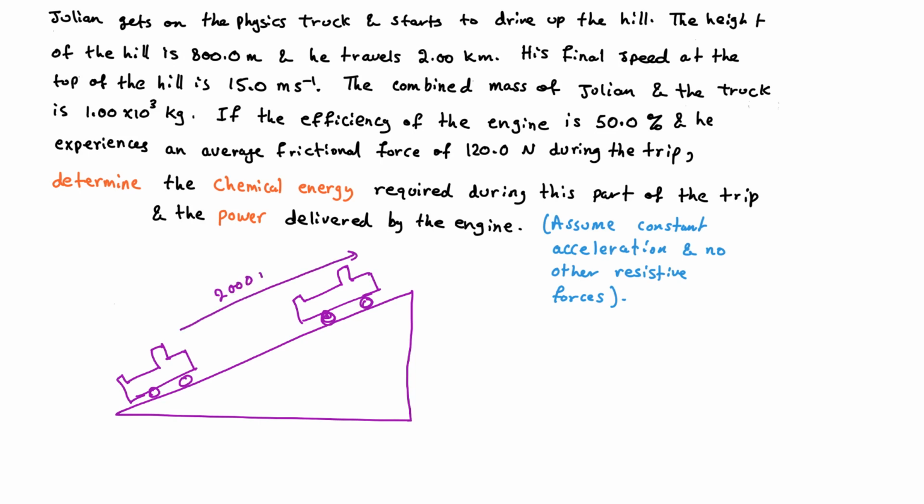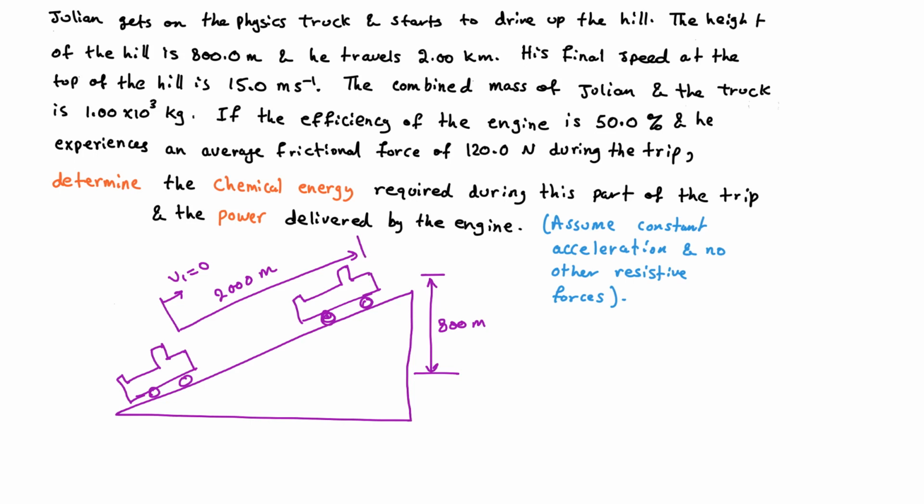So I'm going to change everything into the fundamental units. And we know that the height that the car has traveled, so I'm drawing these approximately to the center of the masses, is 800 meters. We know that the initial velocity is equal to 0 because it starts at rest.